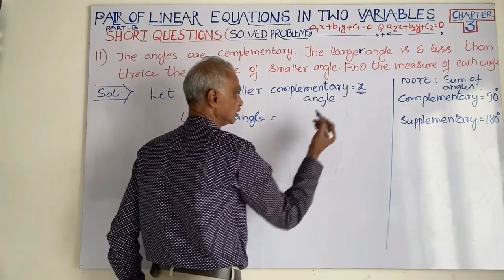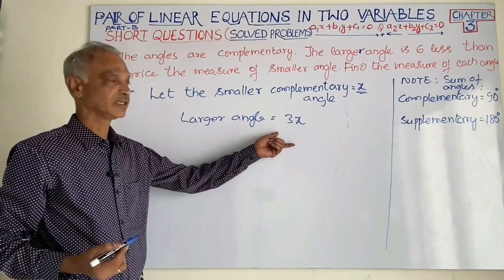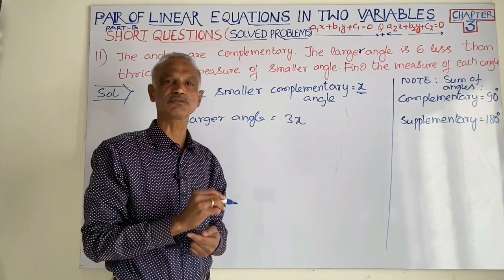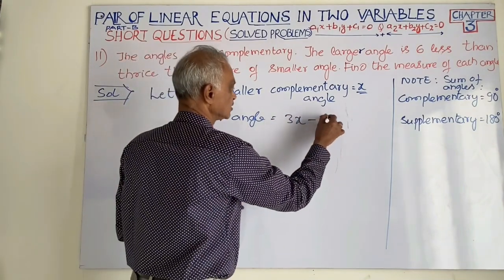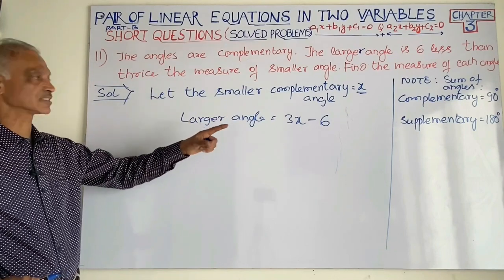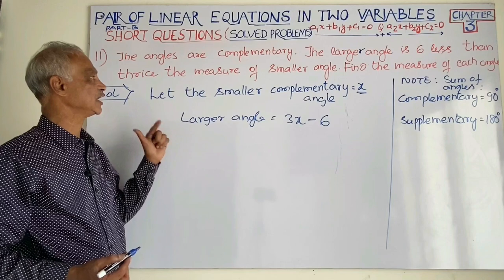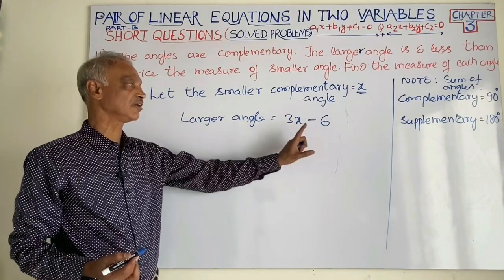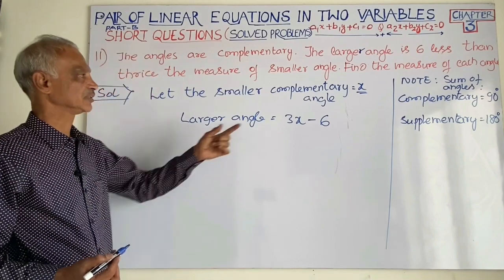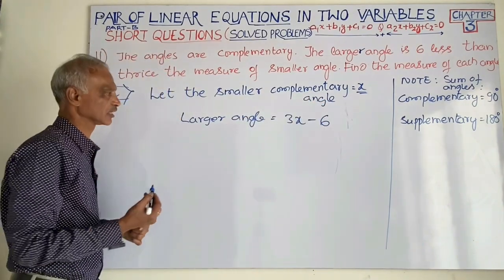What is the smaller angle? x. Thrice the measure of the smaller angle, minus 6. So the larger angle will be 3x minus 6.